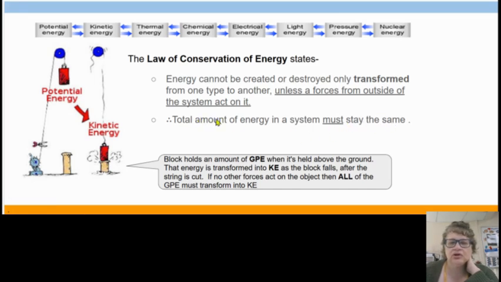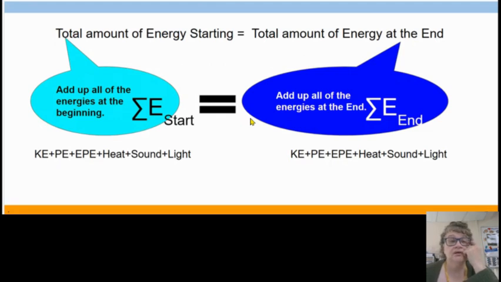No matter what happens within that change, the amount of energy has to stay the same. So the total amount of energy at the beginning has to equal the total amount of energy at the end. That's the easy way of stating it.